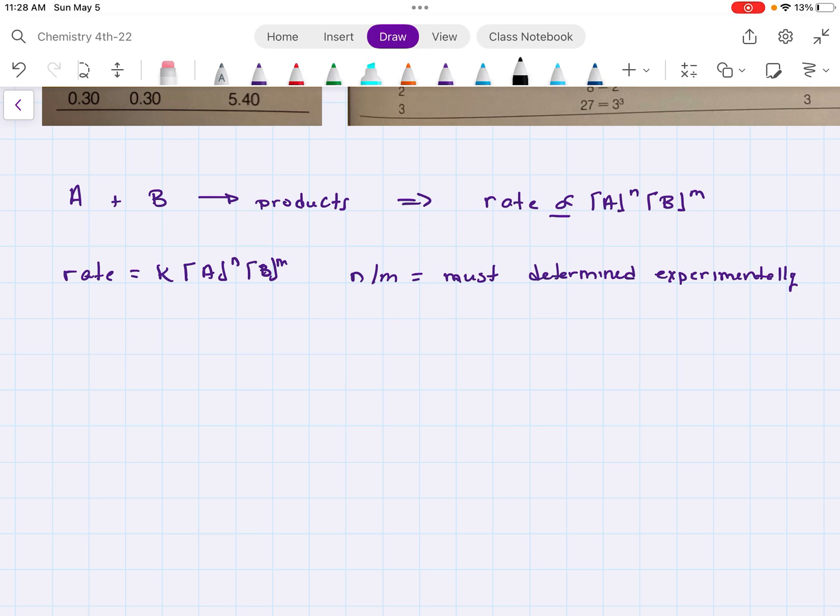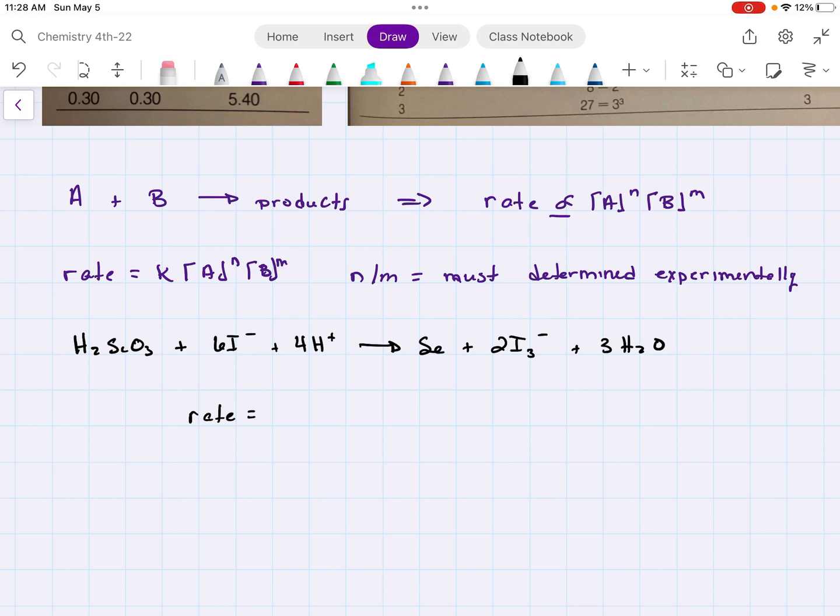Let's say we have a reaction that has H2SeO3, which is selenous acid, plus 6 I-, which is iodide, plus 4 moles of hydrogen, to produce selenium plus iodine plus water. Okay, so if we were to write the rate law for this reaction, this is what it would look like.